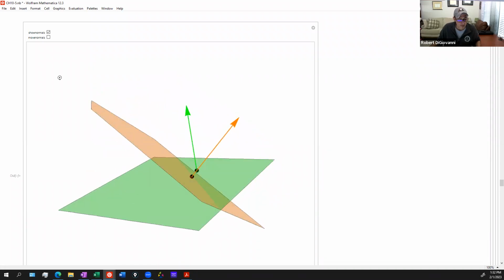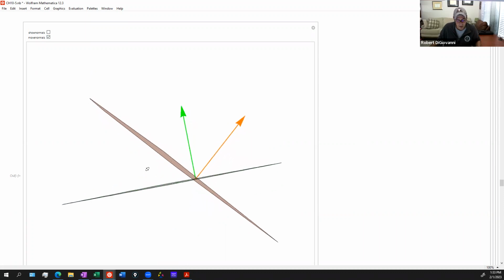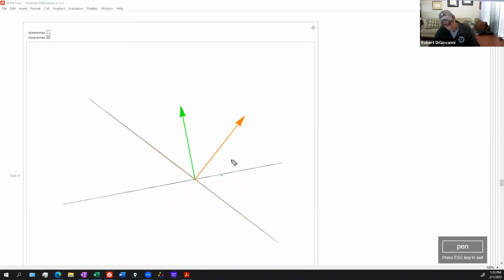Now what I'm going to do is move those normals around because, like I said, you can slide normals or vectors around, it doesn't change what they are. So I'm going to put them together, right? Get rid of them like that. And when I put them together, this is the part you have to kind of see: the angle between the planes, this angle right here, let's call it theta, is the same as the angle between these normal vectors.